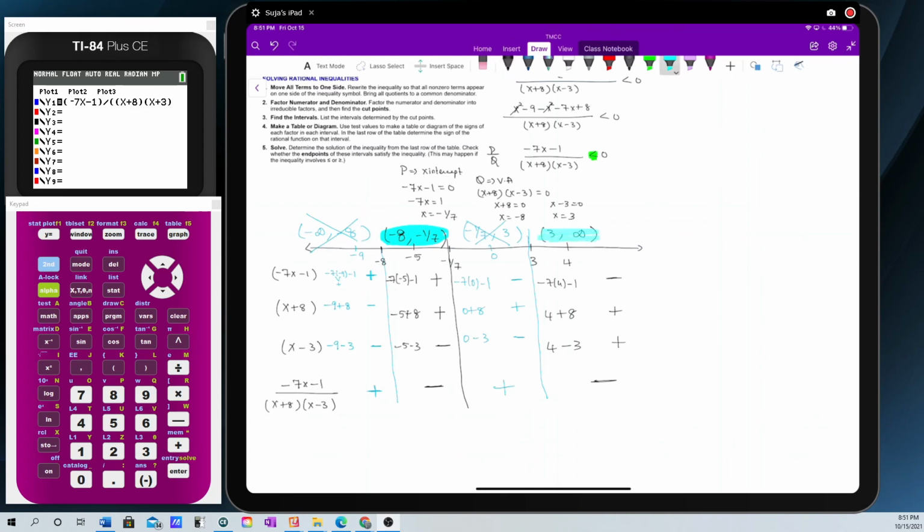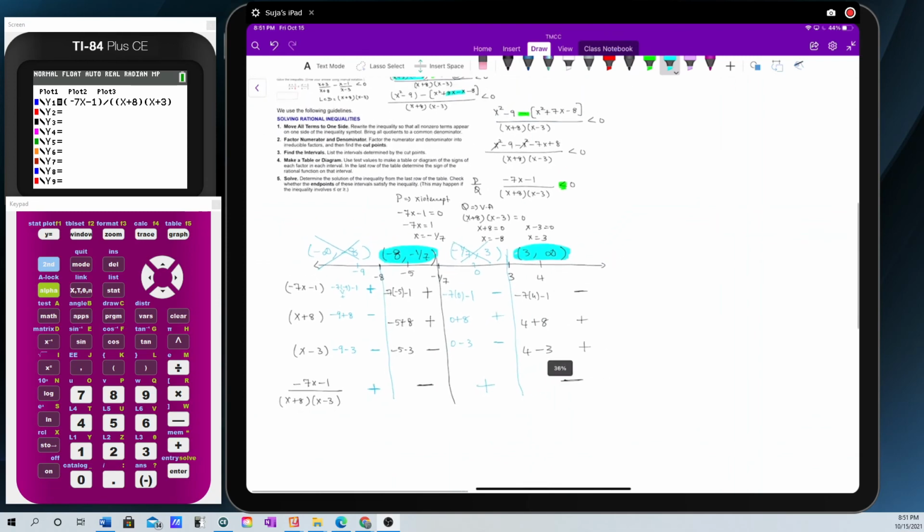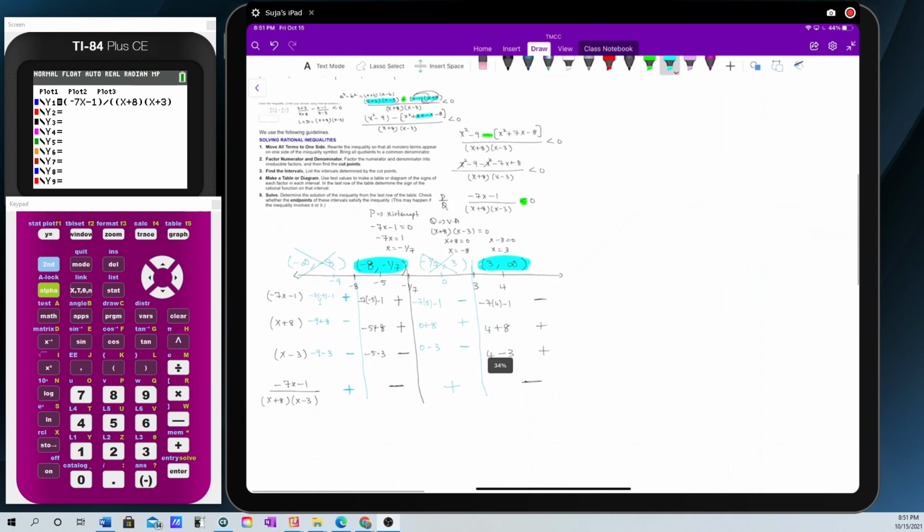So these are the only two pieces of the graph for which the graph is below the x-axis. So the final answer is negative 8 to negative 1/7 union 3 comma infinity.